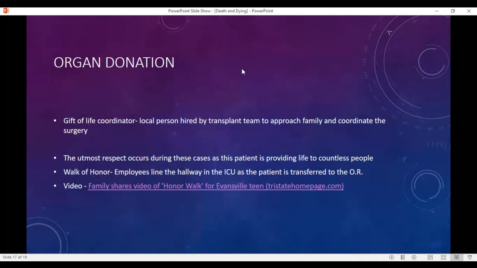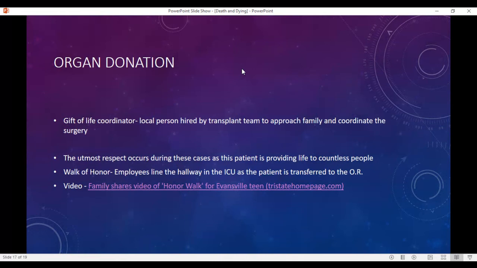They sometimes have music playing that the patient liked, whether it be country, classical, pop, whatever. The coordinator really tries to make this a very respectful and very personal experience for that patient. So they'll have the music playing, and we're extremely quiet as the OR team.